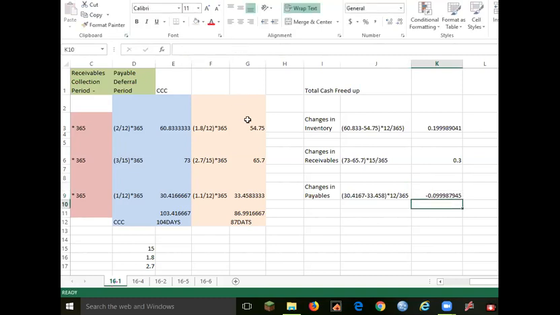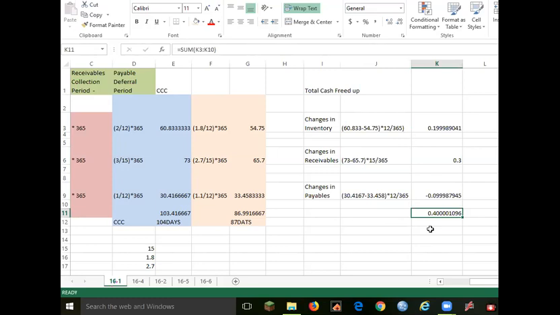So by adding all three, 0.4 million is the total cash freed up, because we have taken these figures in millions: 12 million, 15 million, and 12 million.